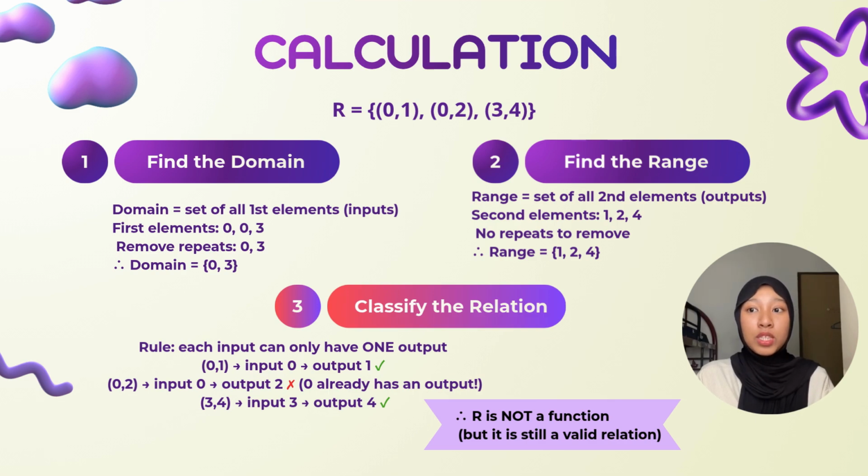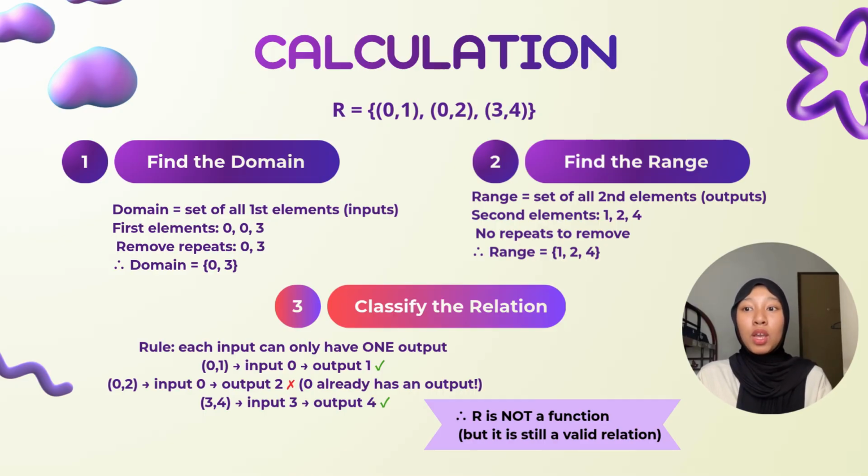Since 0 repeats, we will only write it once. So our domain is {0, 3}. Step 2 is we find the range. The range is the set of all second elements or outputs in each ordered pair. The second elements are 1, 2, and 4. So no repeats here, so our range is {1, 2, 4}.